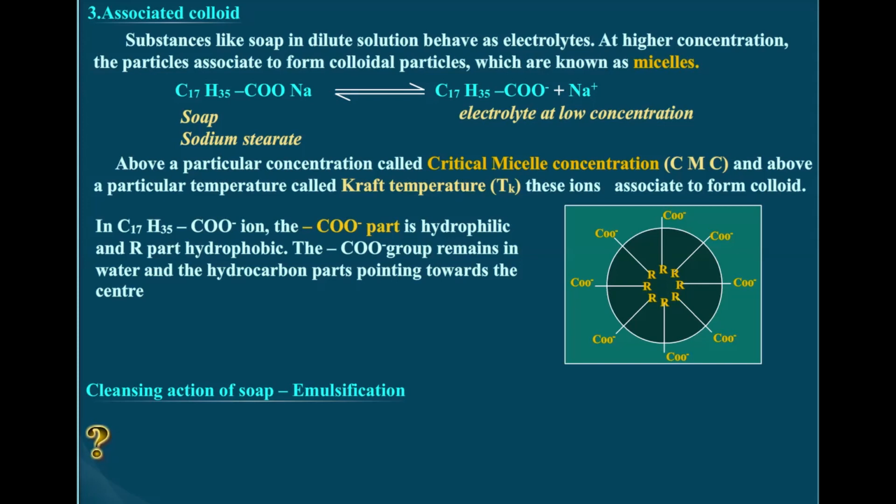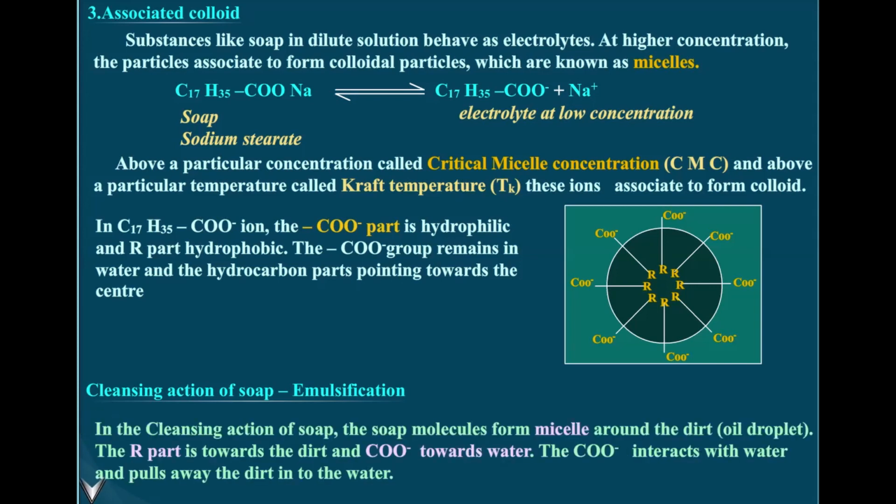On rubbing properly, the grease from the cloth is pulled out, and this is the cleansing action of soap. Reading it once again: in the cleansing action of soap, the soap molecules form a micelle around the dirt. The R part is towards the dirt and the COO- towards water. The COO- interacts with water and pulls away the dirt into the water.